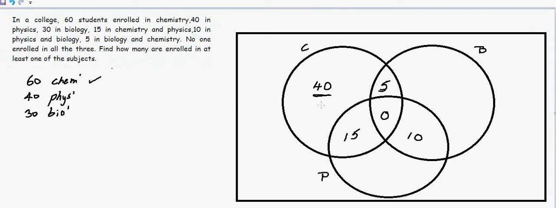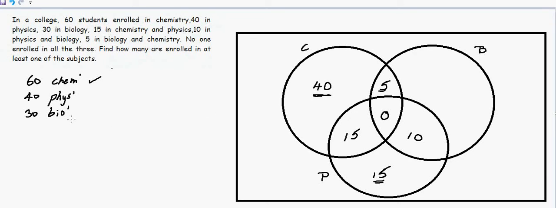Now 40 studied physics. So in the physics circle, we've already got 25. So if 25, 10 plus 15, are already there, and 40 studied physics, 40 take away the 25 means that 15 only studied physics.